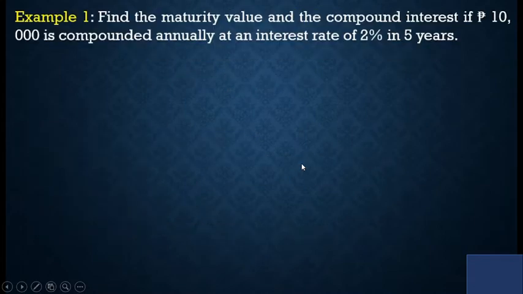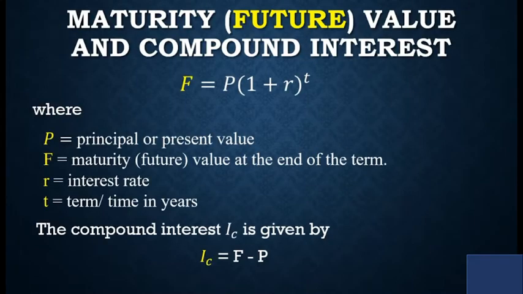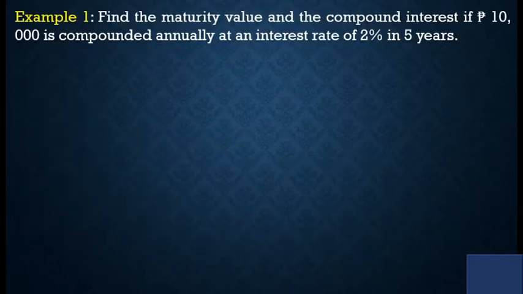Okay, example. Find the maturity value and the compound interest if 10,000 pesos is compounded annually at an interest rate of 2% in 5 years. Using the formula, please take note of the formula from earlier, F equals P times 1 plus R to the power of T. So, try to solve this one.